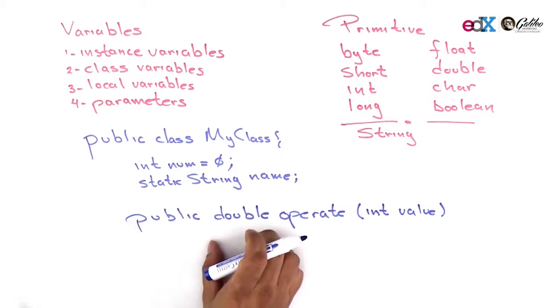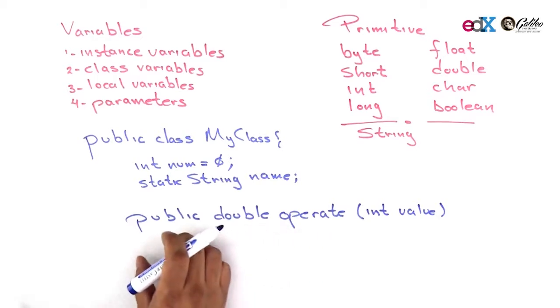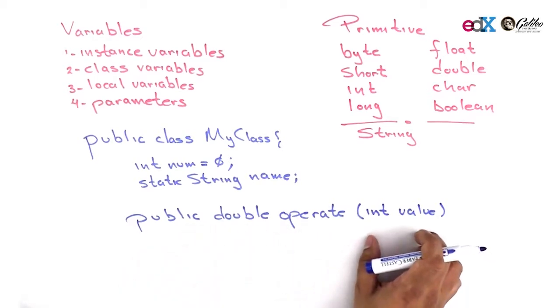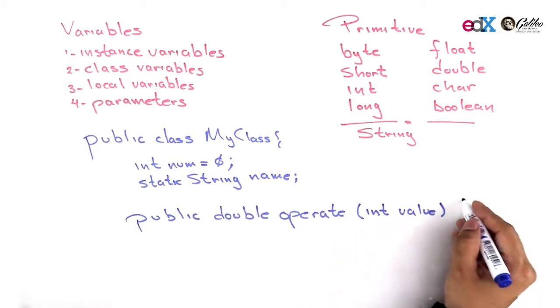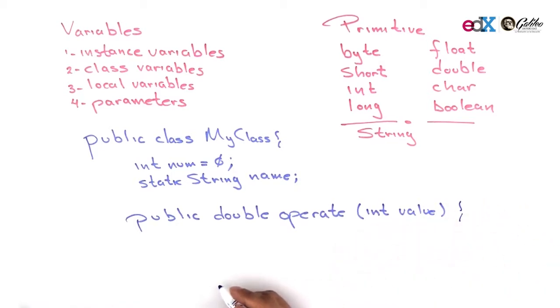It will return a double value and it's public. It has a variable like parameter named value, type int in braces, and we declare a new variable, a local variable, within the operate method.